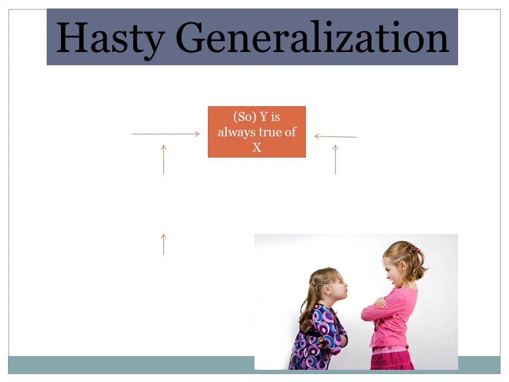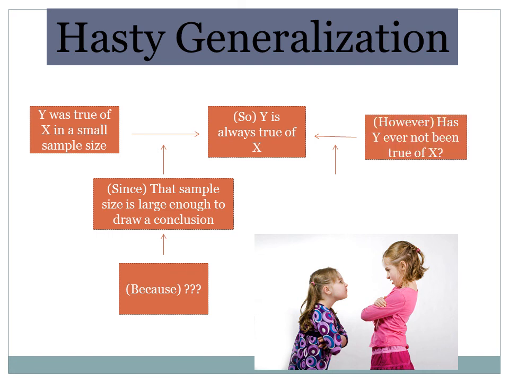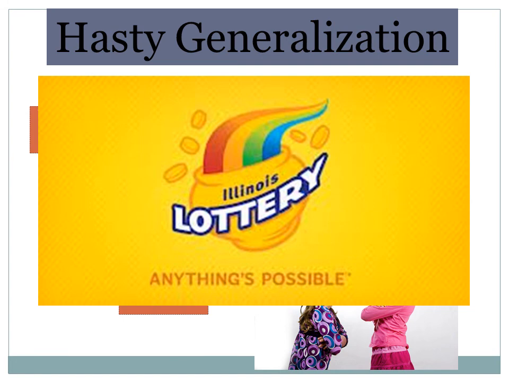If you immediately come to the conclusion that Y is always true of X based on the evidence that in some small sample size, Y was true of X. So you're creating the warrant that your particular sample size is large enough to draw a conclusion, which it very well might not be. You have to dig a little deeper and say, well, has Y ever not been true of X? What if we look at more examples before we draw this generalization? So the hasty generalization is what most advertising about the lottery, for example, is built around.